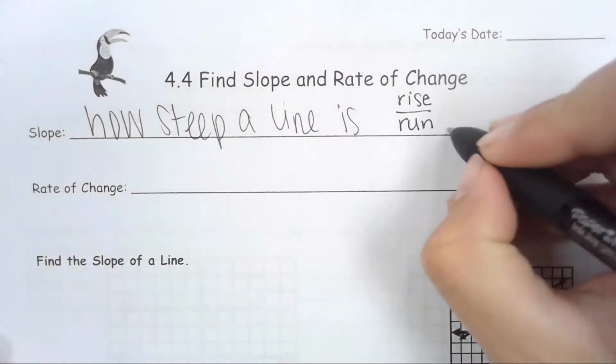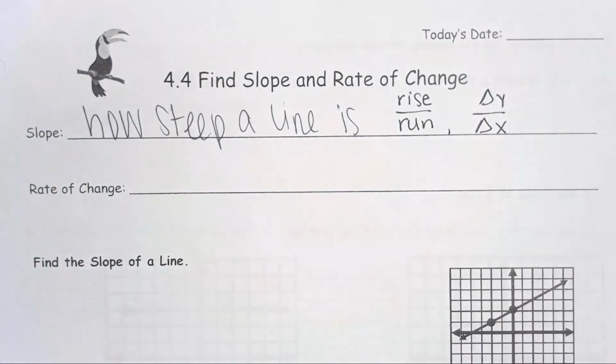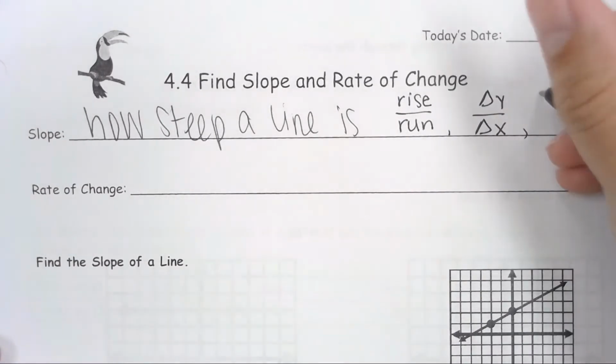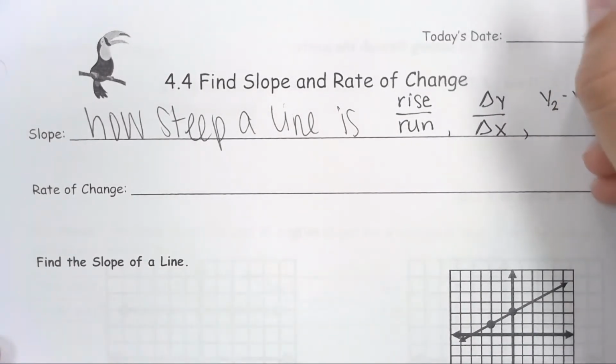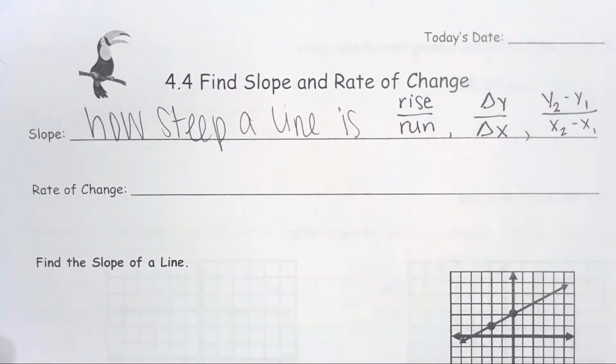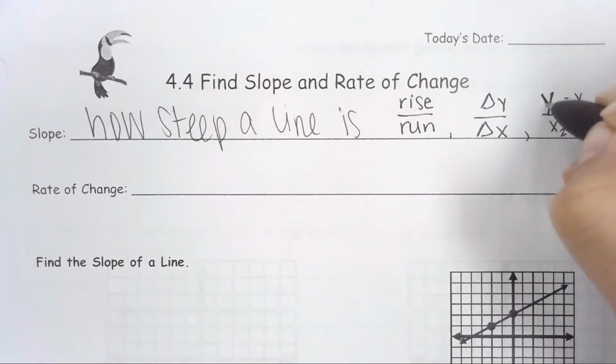We have talked about the change in y over the change in x, so that's the formula that you're using when you're looking at a table. And then the last formula was y2 minus y1 over x2 minus x1, and you're using that formula when you're looking at 2 ordered pairs, okay?